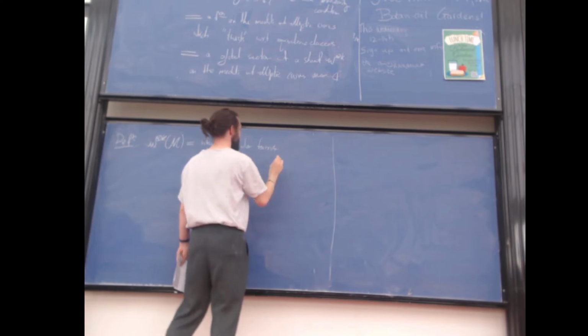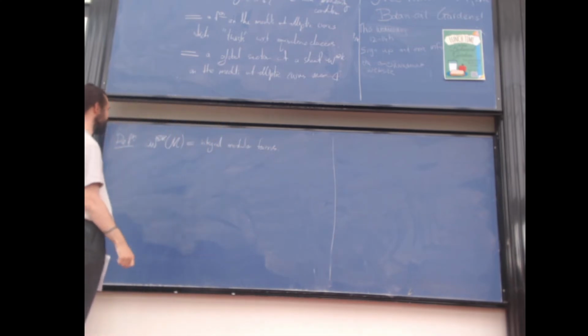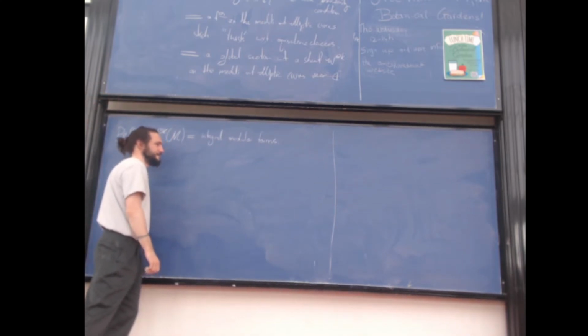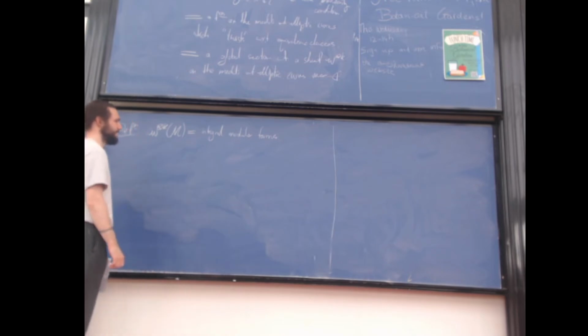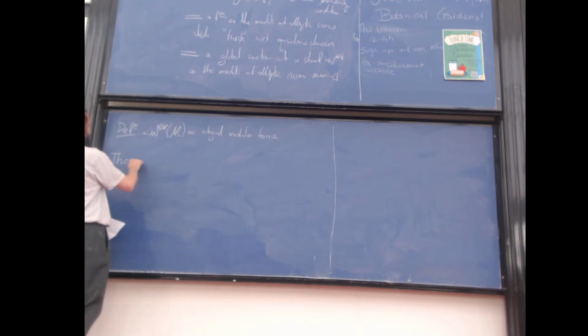I haven't told you how to compute them or if they have any nice properties, but this is all work of Deligne, Rapoport, Serre, Katz and lots of people in the 50s, 60s, 70s and 80s. And I'm going to give you an observation followed by a theorem.